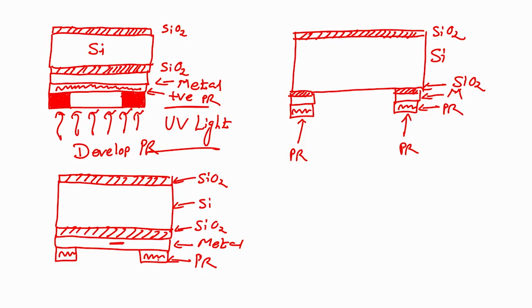Now, I will strip off my photoresist. Okay. Now, I will deposit a metal on the top of the wafer, and this metal is my metal for the heater.